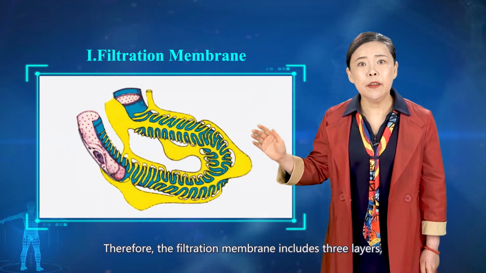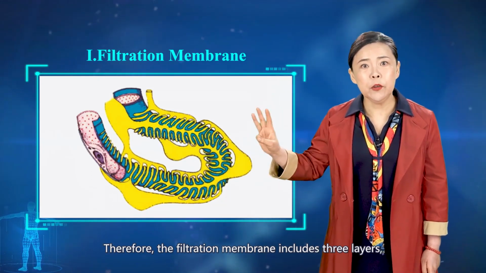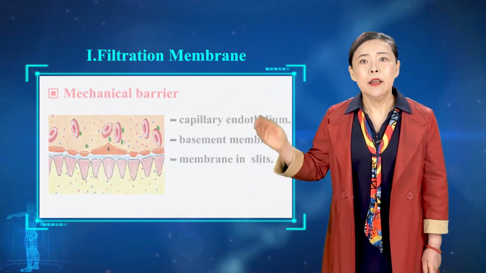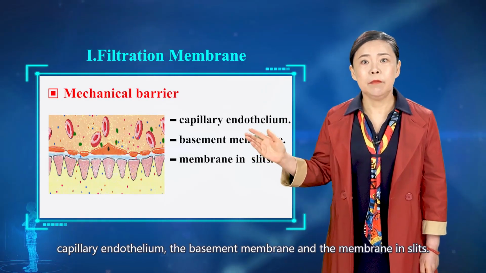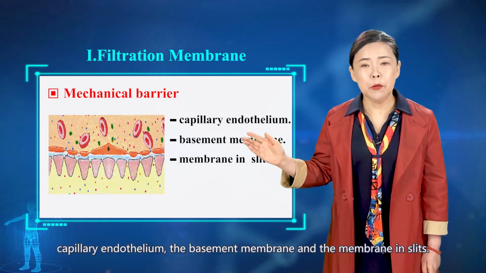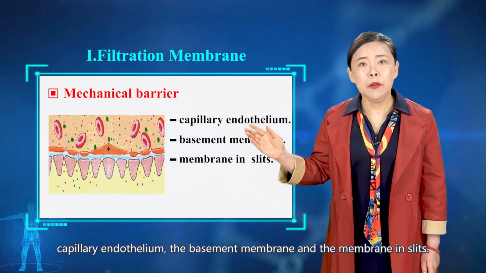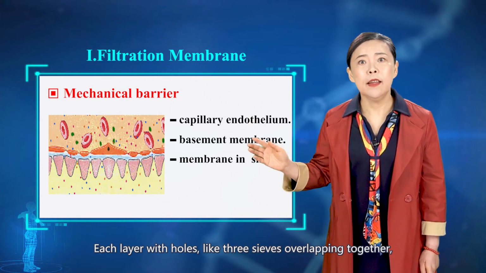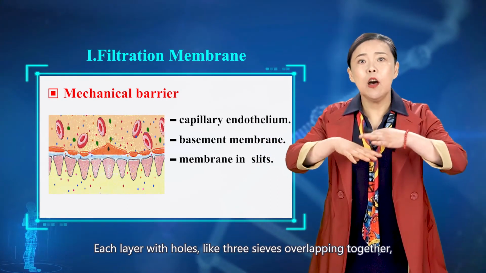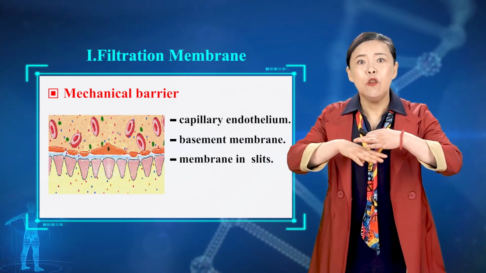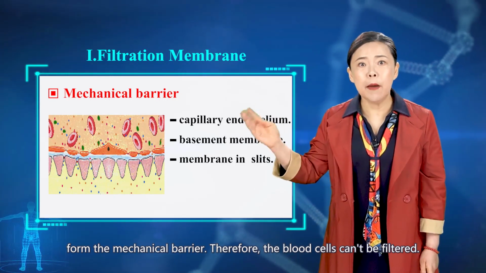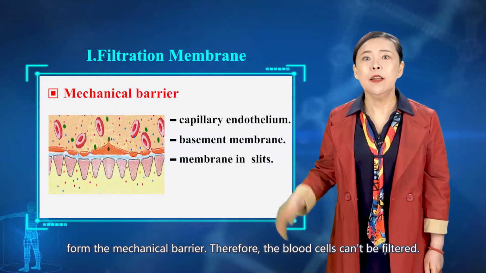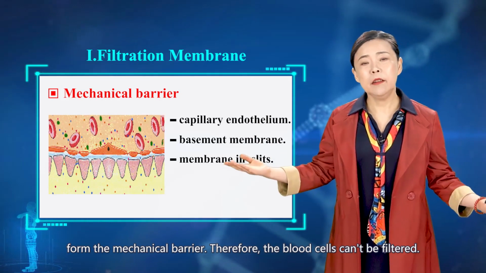Therefore, the filtration membrane includes three layers: capillary endothelium, the basement membrane, and the membrane in slits, each layer with holes like three sieves overlapping together to form the mechanical barrier. Therefore, the blood cells can't be filtered.